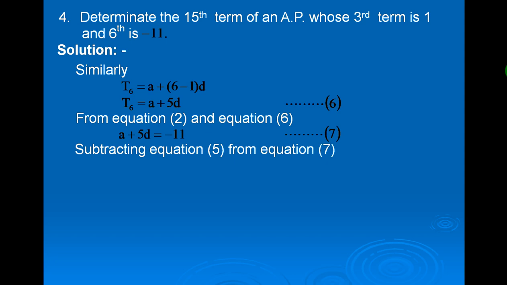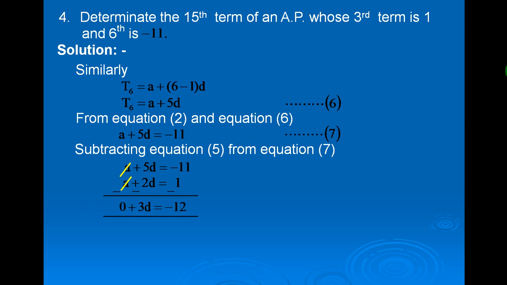Subtracting equation 5 from equation 7, we get a plus 5d is equal to minus 11 and a plus 2d is equal to 1, and subtract the equations. To subtract the equations, change the sign of the lower equation. Now a and minus a cancel each other. 5d minus 2d becomes 3d, and minus 11 minus 1 becomes minus 12.